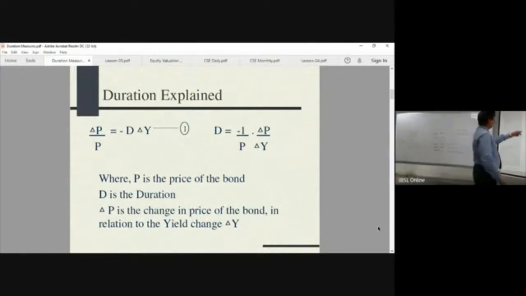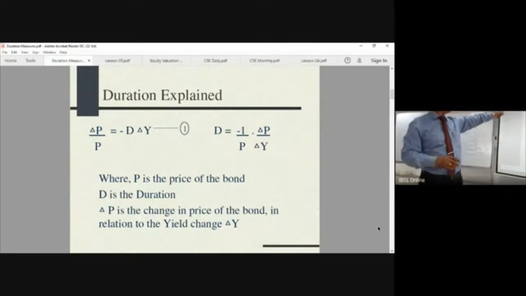And on the other side, the right-hand side, there's another relationship. It is the same relationship, rearranged. The main item is D, no? D is equal to minus 1 over P into delta P by delta Y. What do you mean by delta P by delta Y?